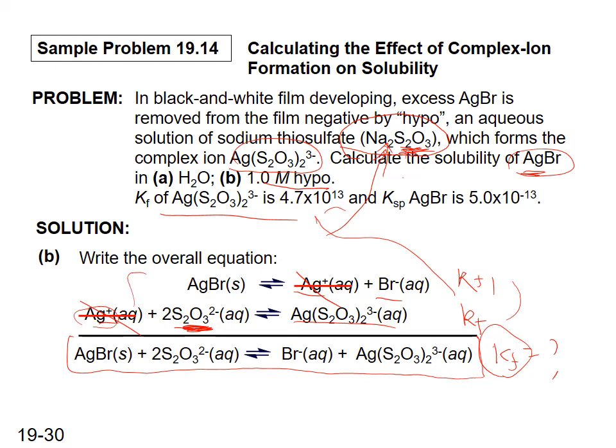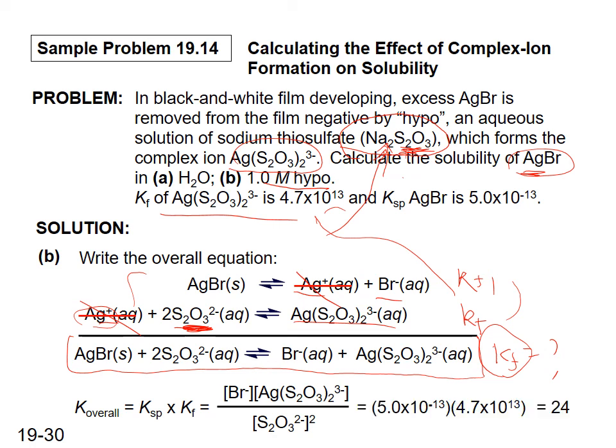So the equilibrium constant should be the product of these two, and that gives you 24. All right, so we have an overall reaction in the solution. We have the K constant in the solution. So now we can list a reaction table and find the solubility in this solution.